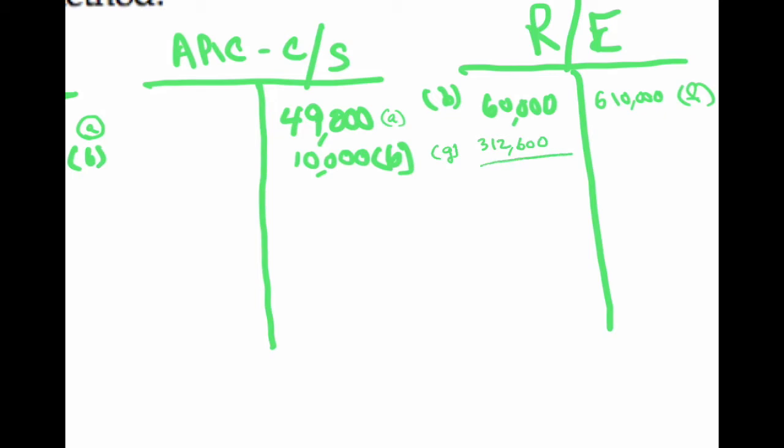So we have a total here, 372,600 from 610,000. Let me get my other 610,000 minus 372,600. I come up with 237,400. Now I'm just calculating the balances here. This is going to be 59,000.